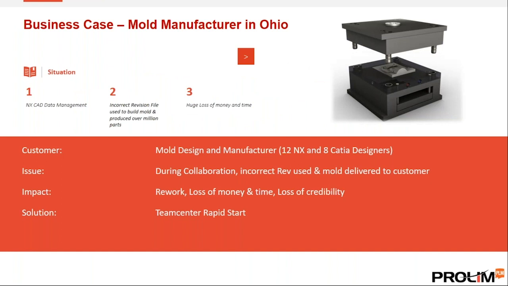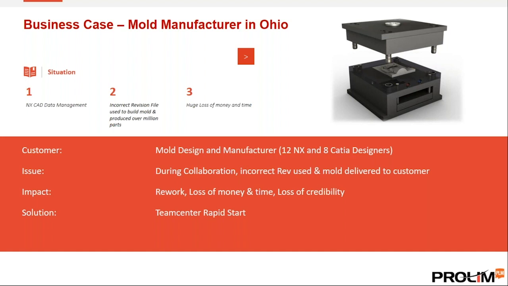So here is one specific example. Here is a customer, a mold manufacturer in Ohio. They have around 12 NX designers and 8 CATIA designers. They manufacture these molds for automotive tier 1 suppliers and OEMs.